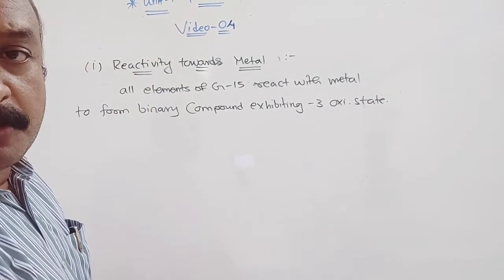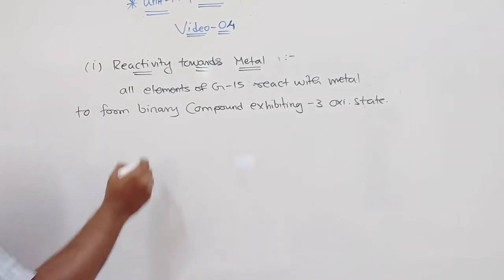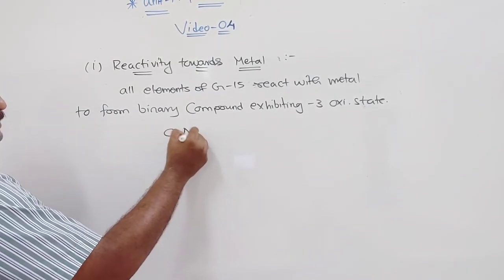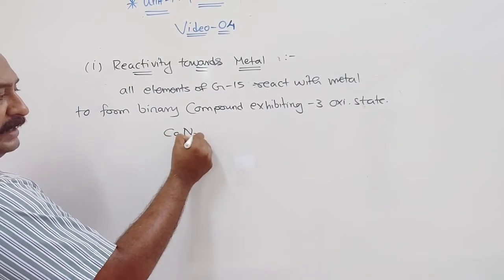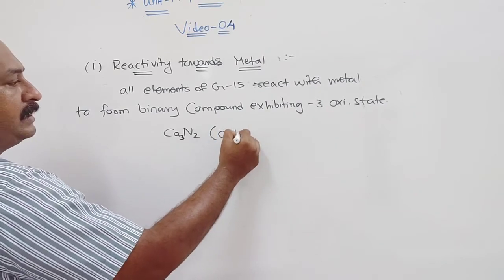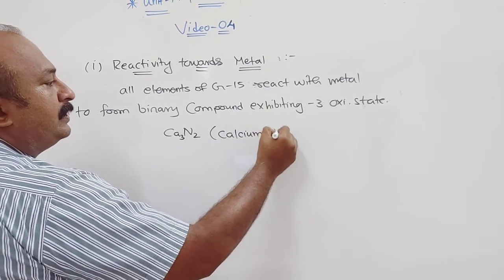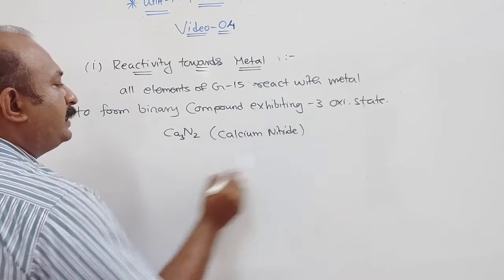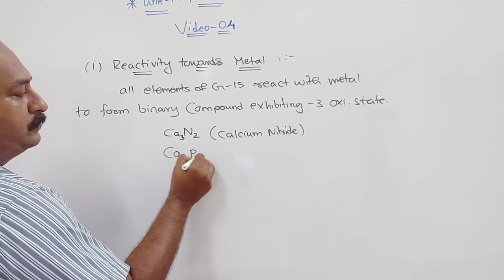Now for binary compounds you can see one example: Ca3N2, calcium nitride. Then Ca3P2.